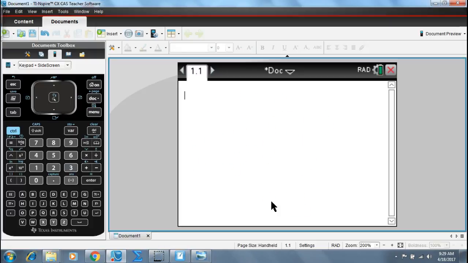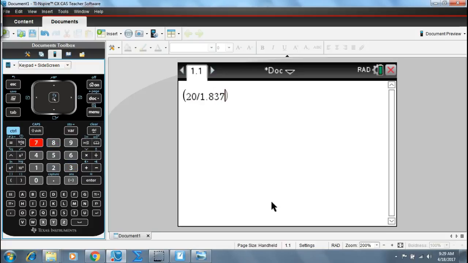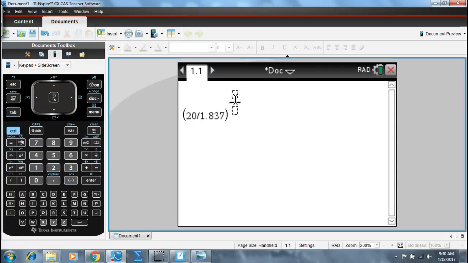So we said that it was 20 divided by 1.837, and we were taking that to the 2/3 power. Oops, forgot the 2.